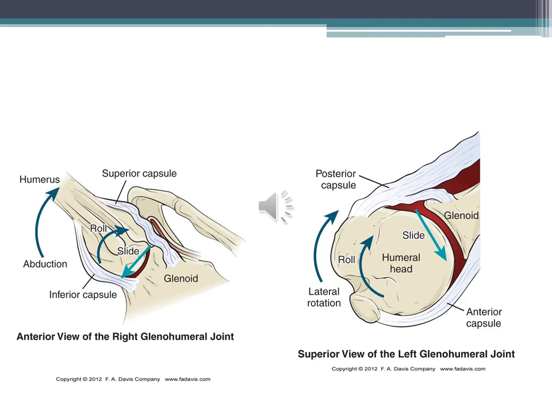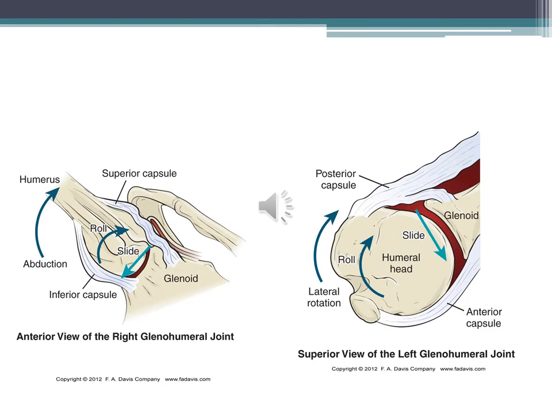Okay, so obviously with adduction we would have just the opposite as far as the roll and slide occurs. On the right we have lateral rotation. So with lateral rotation we have a posterior roll and an anterior slide. Okay, so we have those roll slide characteristics.